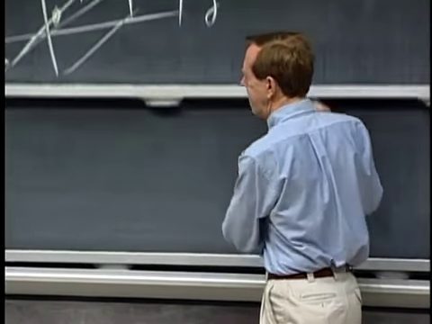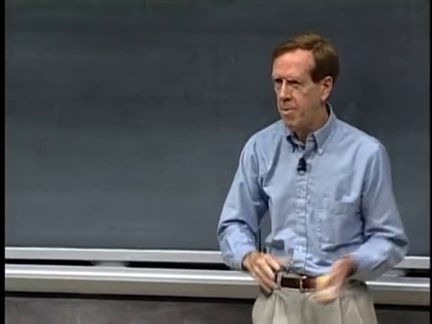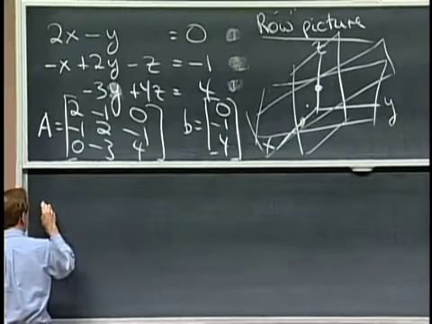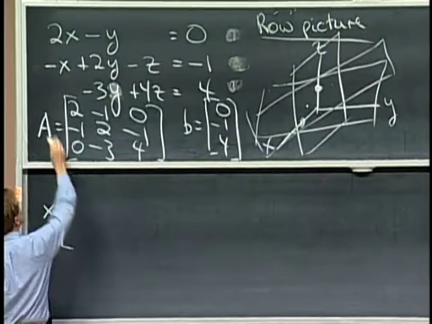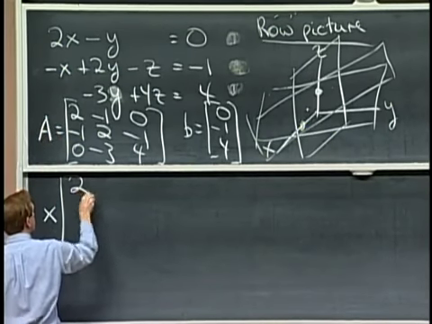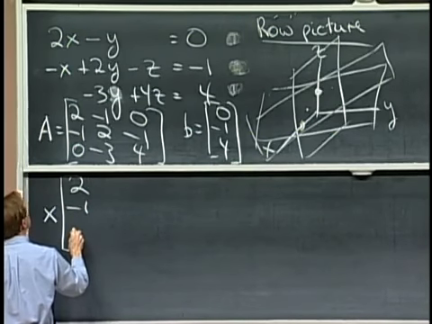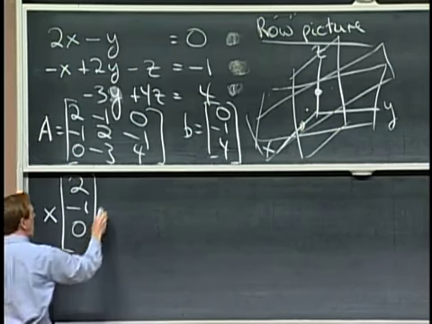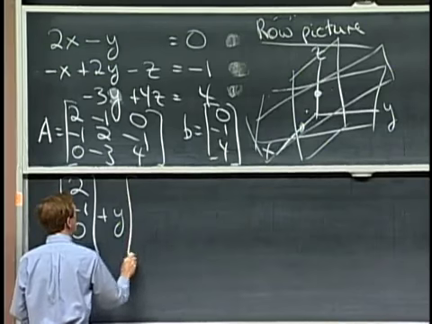Now, you can tell I prefer the column picture. Okay, so let me take the column picture. That's x times the first column of the matrix: there were 2 x's in the first equation, minus 1 x's, and no x's in the third. And how many y's are there?